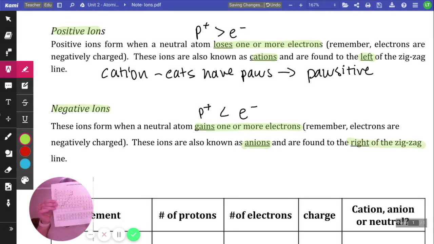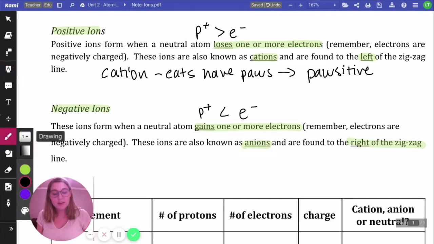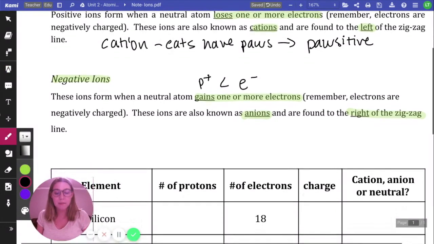Once again, on my periodic table, that's going to be over here, and these are typically going to be negative ions. I don't have a cute assistant to show you this one, but I do have two fun ways to hopefully help you remember anions.